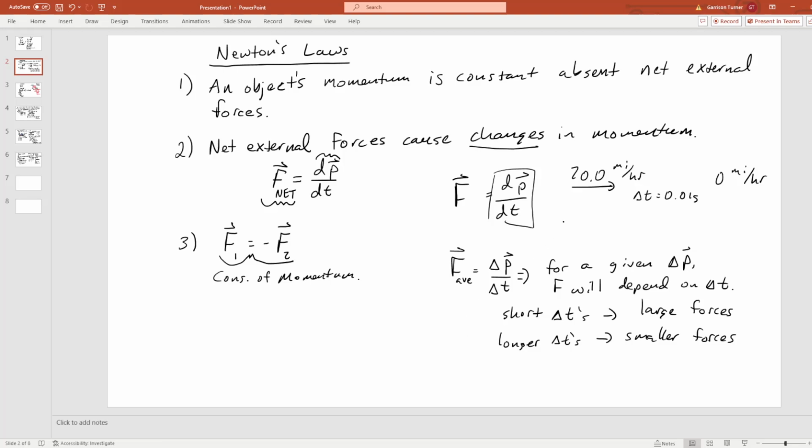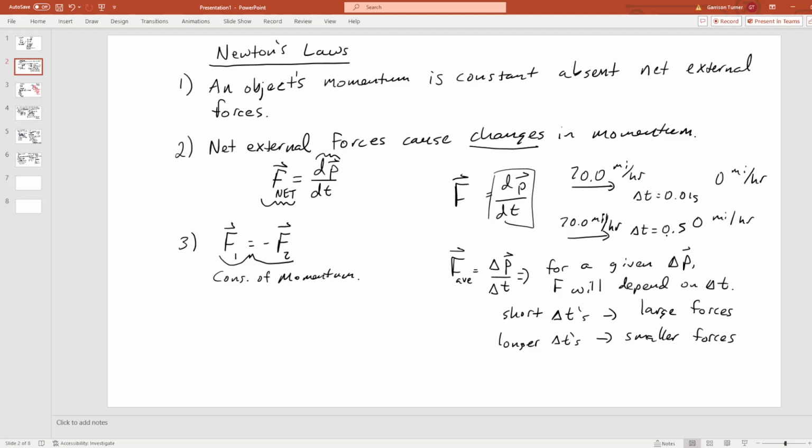Whereas if I can extend that and go from, say, 70 miles per hour to 0 miles per hour, but over a much longer time interval, maybe this time it's up to half a second or so.